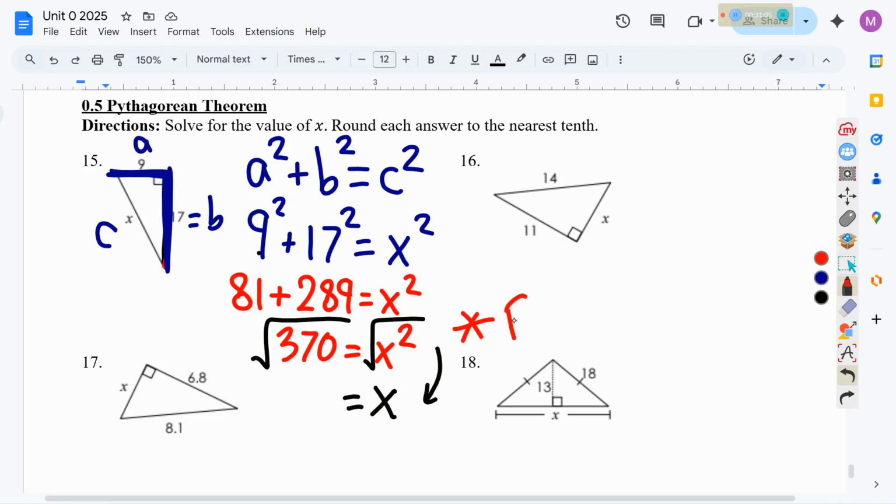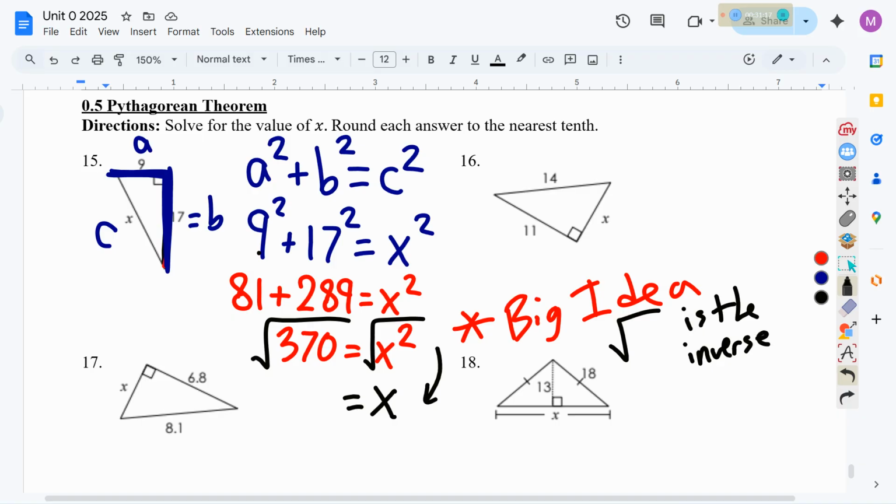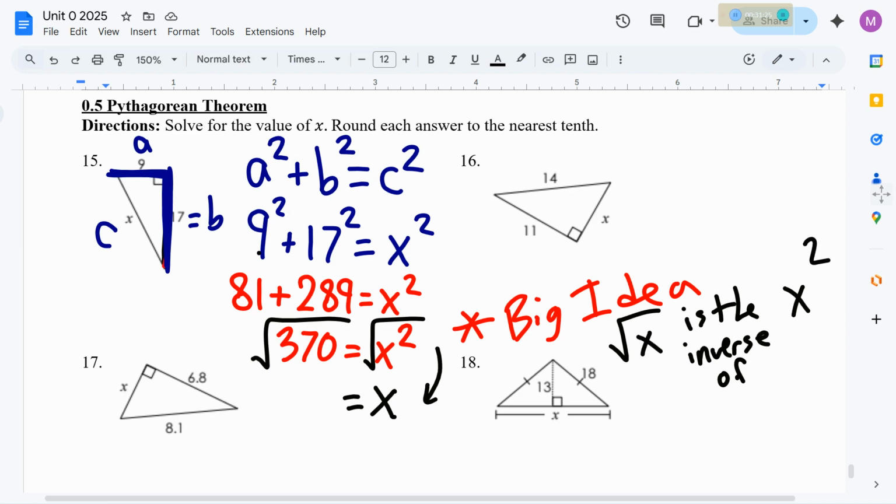Big idea: the square root is the inverse of squaring. So I'm just going to write x squared. The square root of x and x squared are inverses of each other. They're opposites. So we have to go into our calculator to do the square root of that.